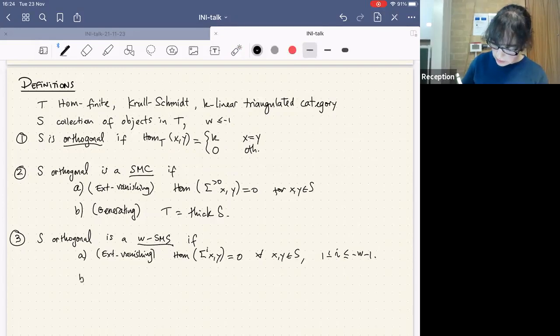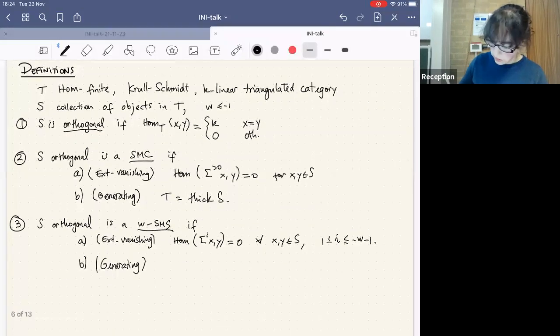Right, and then there is a generating condition. So this means that T can be built from S in the following way. So we have to consider the extension closure. So I'll introduce a notation here, which I explain. You can write it like this, with -1 down to -W.